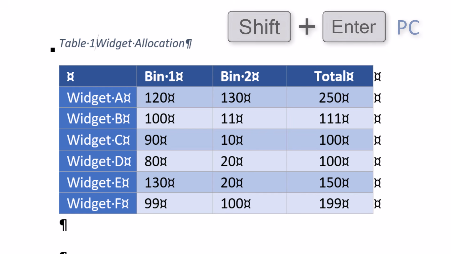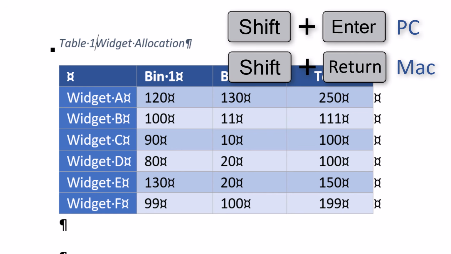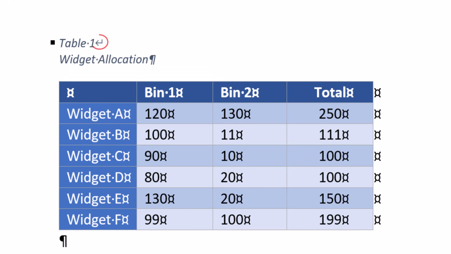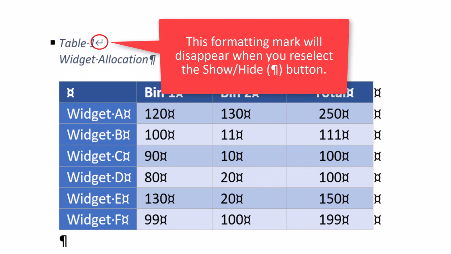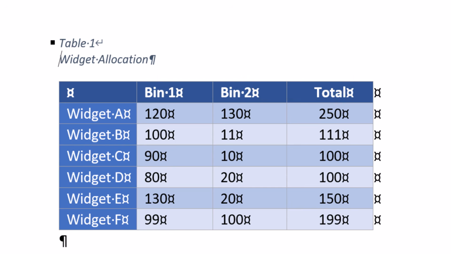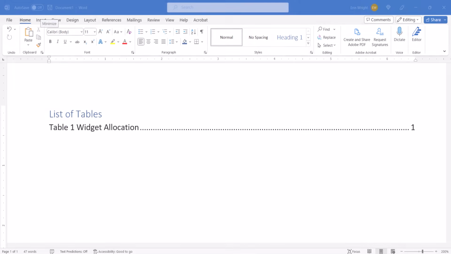Next, press Shift plus Enter on a PC or Shift plus Return on a Mac to create a soft return instead of a regular hard return. The label and title or caption should now appear on two different lines. However, when you create or update your list of tables or figures later on, it should appear on one line.